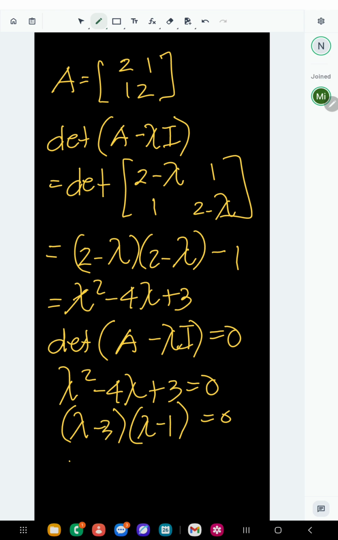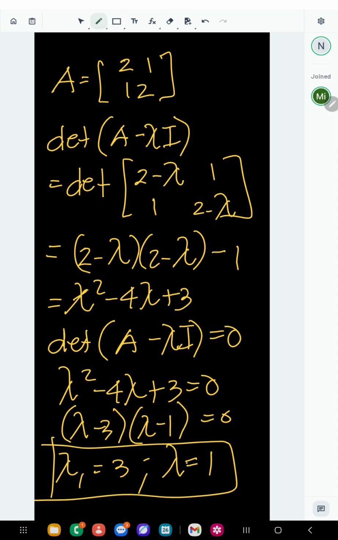You solve this algebraically by equating each of the factors to 0. Then lambda 1 is equal to 3, and the other lambda is equal to 1. These are the eigenvalues.